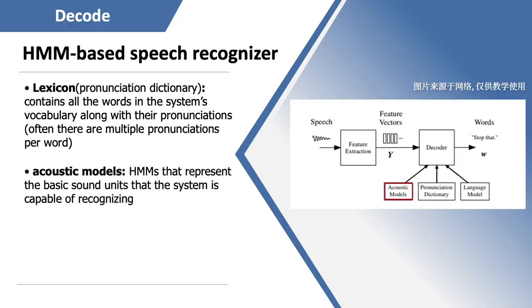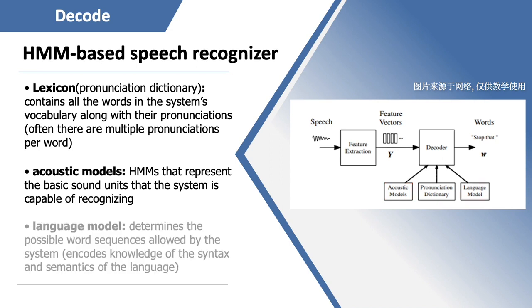The acoustic model uses HMM to represent the basic sound units that the system is capable of recognizing. The language model determines the possible word sequences allowed by the system through encoding knowledge of the syntax and semantics of the language.